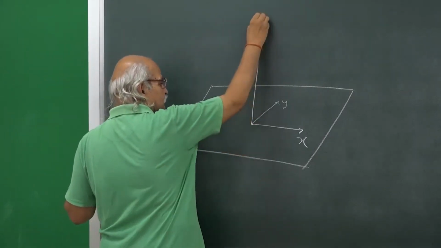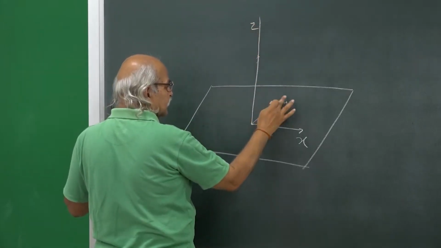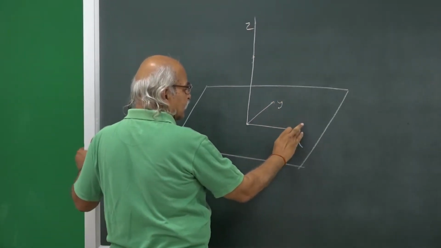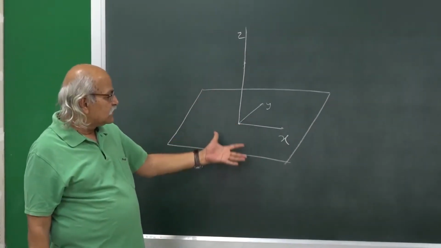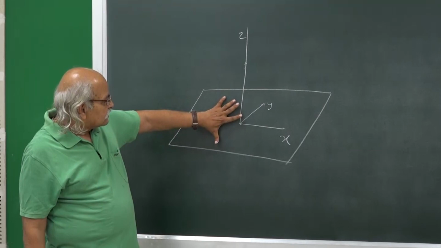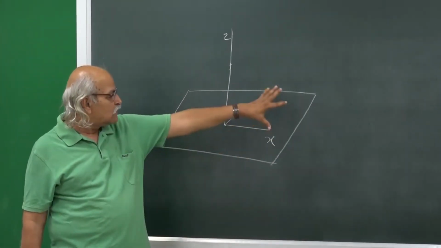I am making varieties of shapes for the x, y, z axes, and that is because we are dealing with varieties of situations. Here is an xy plane that I am drawing, this parallelogram looking thing.